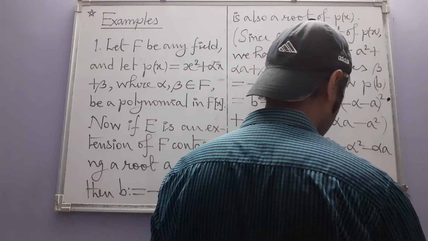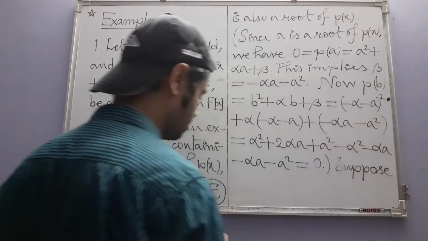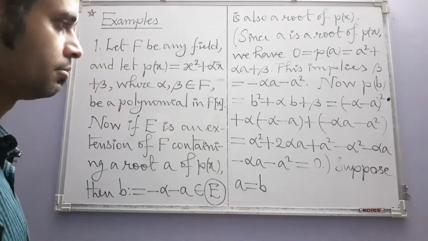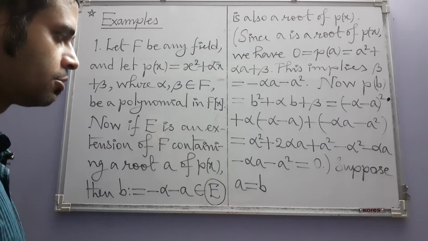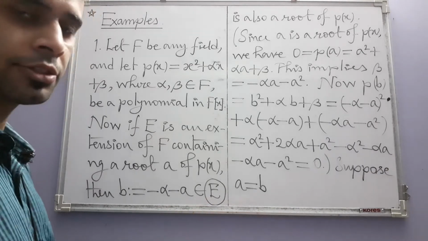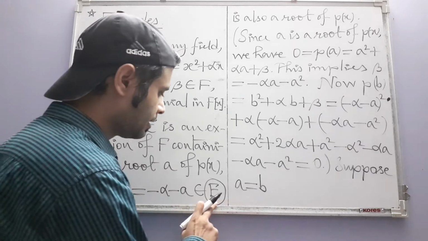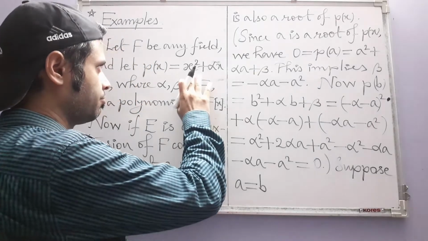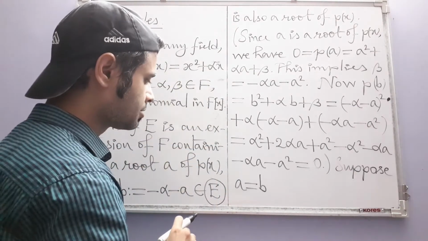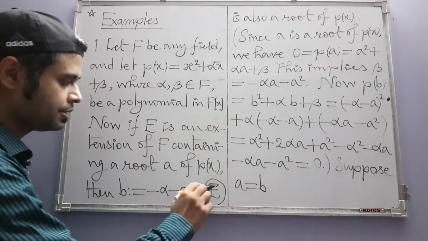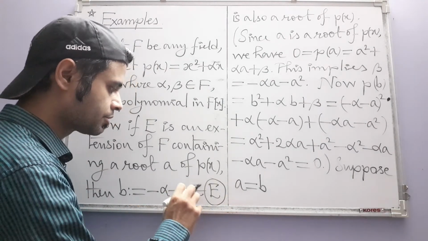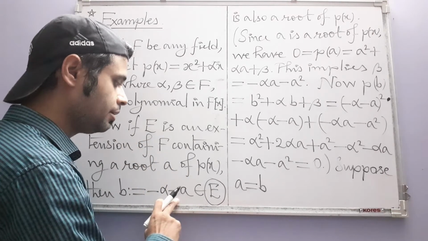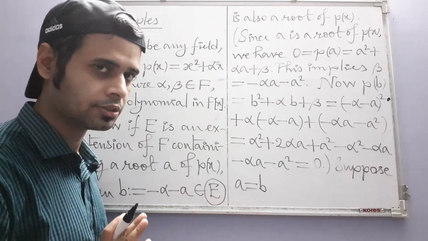Now suppose A is equal to B. What we are next trying to see is how large the splitting field for Px should be, because this E that we are mentioning here is just any field containing a root, and in E itself we have found another root also.